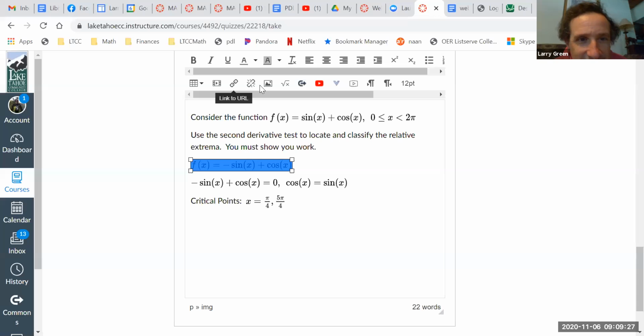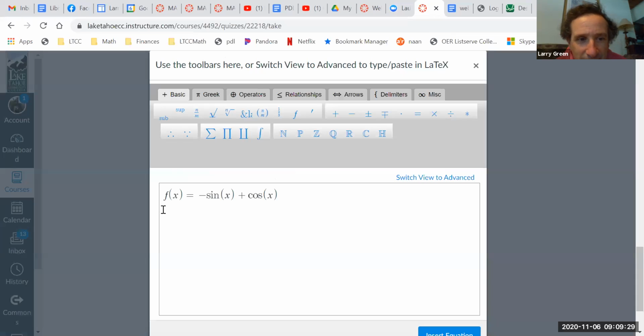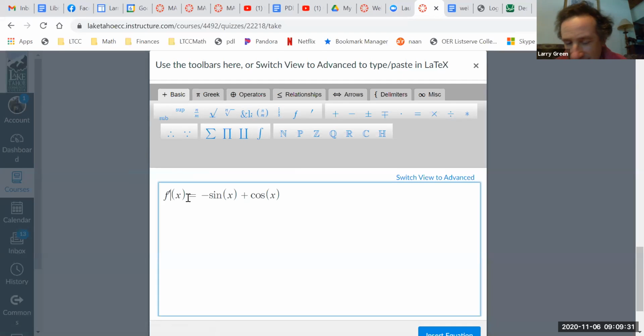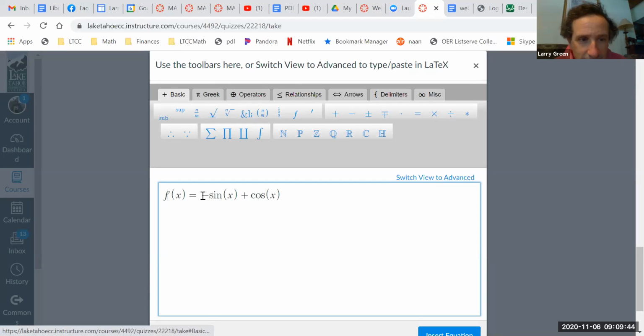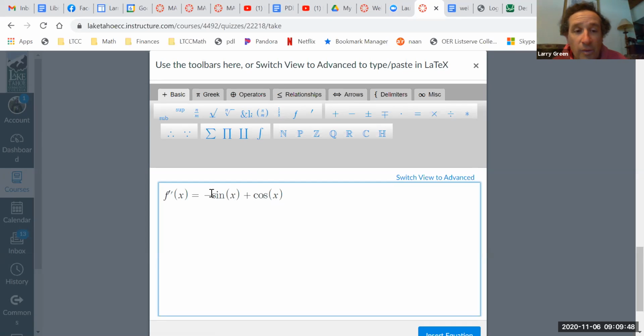And actually, I think I didn't write prime there. That was f prime. Let's find f double prime, which is pretty easy. So we want f double prime of x. What's the derivative of negative sine of x?